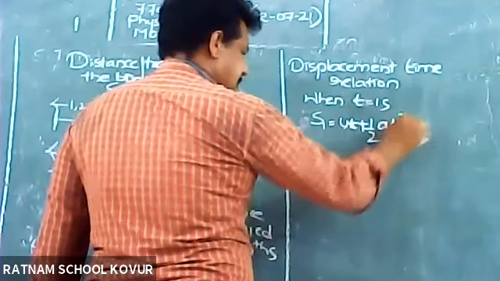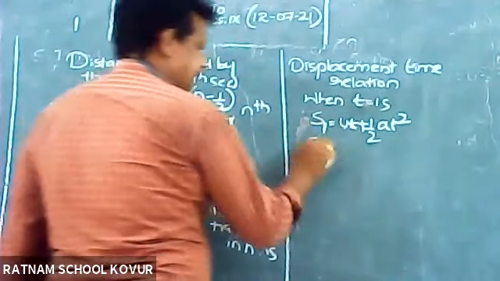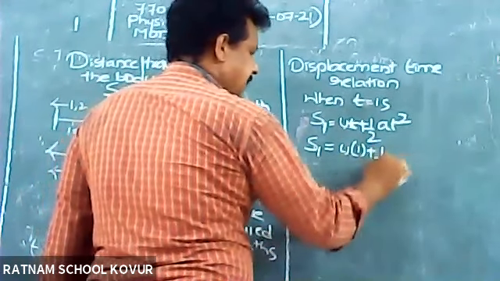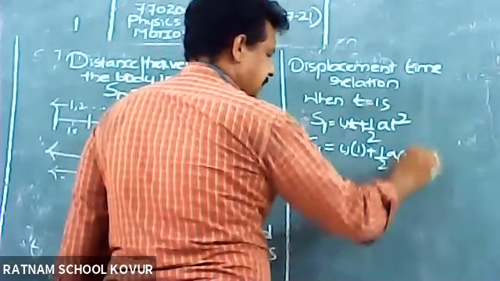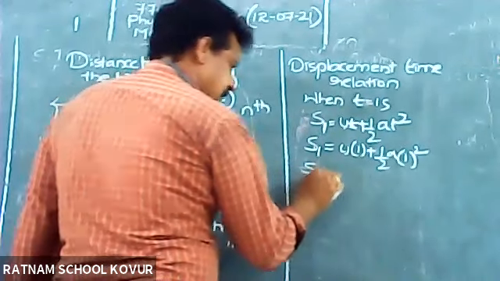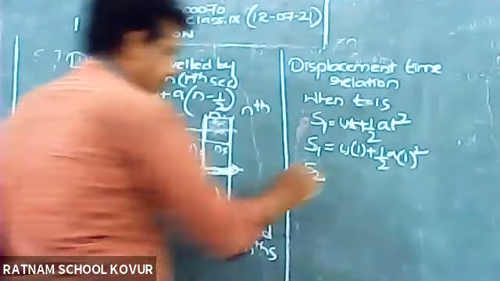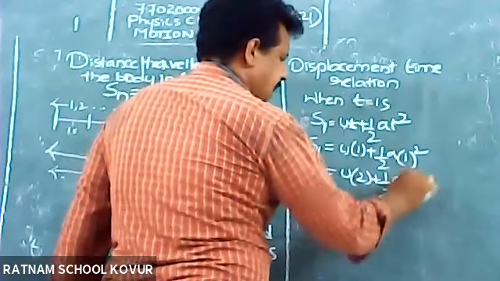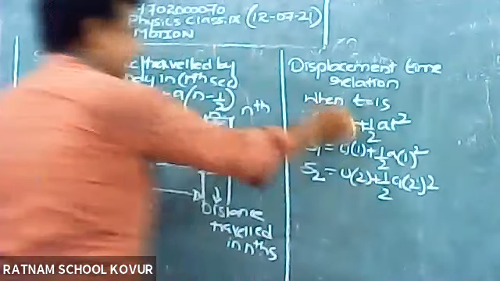So the distance traveled for 1 second is u into 1 plus 1 by 2 a 1 square. For 2 seconds, S2 is equal to u into 2 plus 1 by 2 a 2 square, just applying this formula.